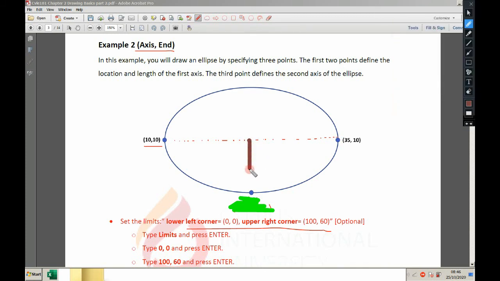Let's say I have this distance, let's say 5. I still have to provide those two points, then I have to provide this distance. It will work fine. So imagine you have 10, 10, 35, 10, and you have 5 as the distance here. Why? Because we said two points and a distance also work.